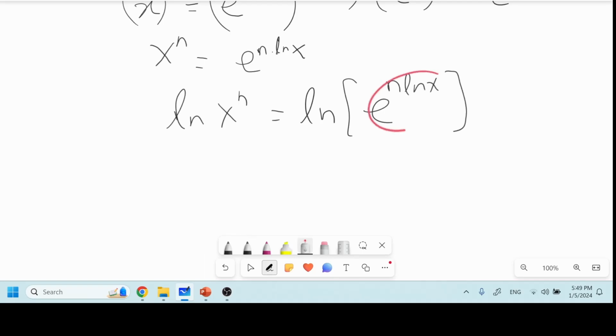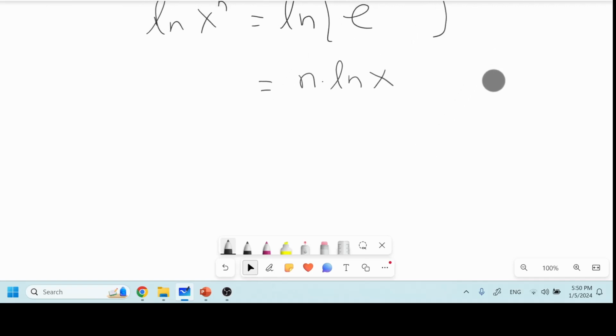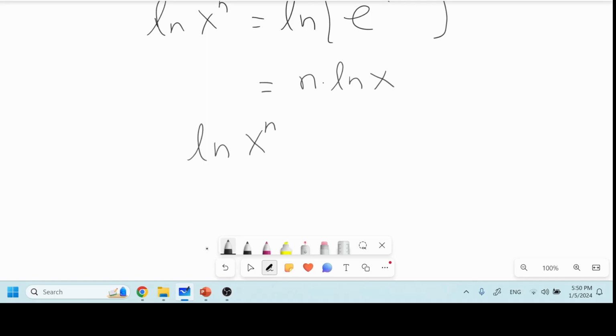Since we already learned in the previous lecture that ln of e raised to the power of anything will be just equal to that anything, we can write the right hand side as the product of n multiplied with ln x. In other words, we have just proven that based on the definition of the generalized power function, the log of x raised to the power of n is just equal to n times ln x.